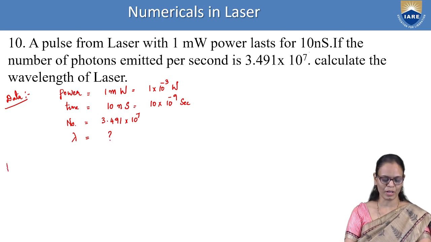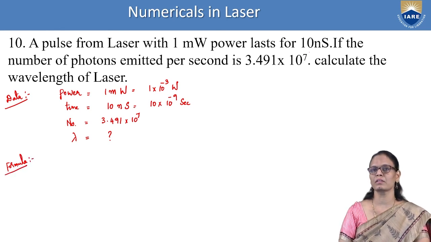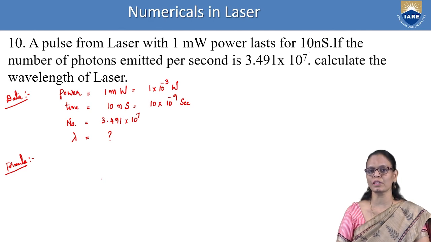So what is the formula we are going to use here? We have discussed the formula in the beginning. The number of photons emitted is total energy emitted upon energy of the photon.